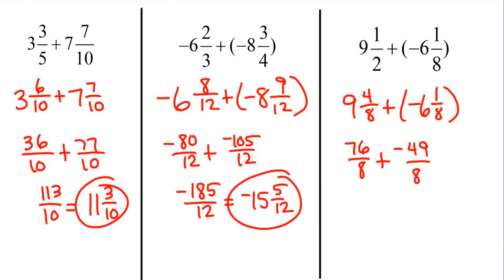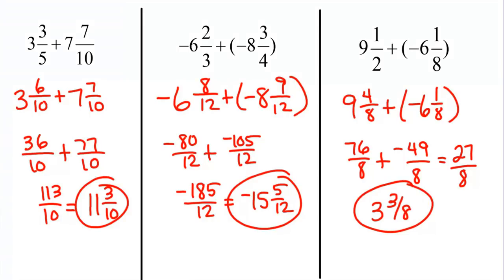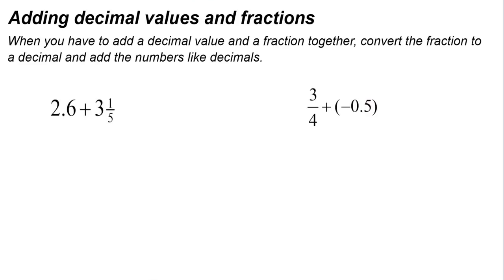And 76 plus negative 49 is like 76 minus 49. And that gives me 27/8, which is 3 3/8 as a mixed number in simplest form. So adding fractions and mixed numbers with unlike denominators, you have to get that common denominator first.